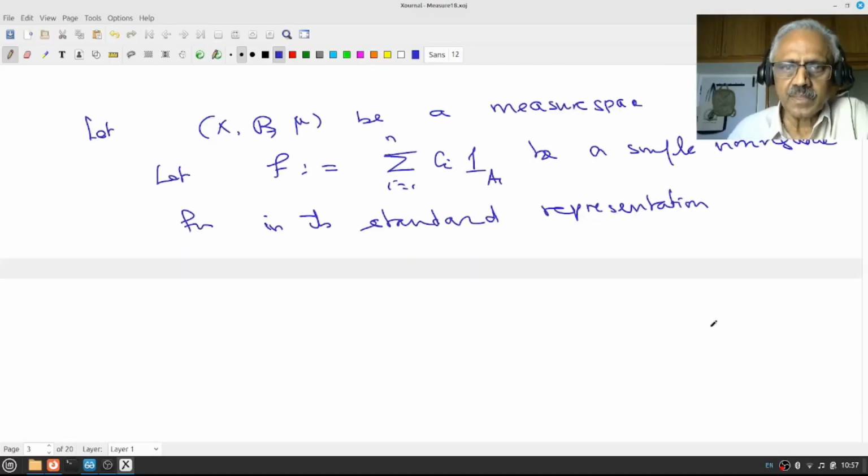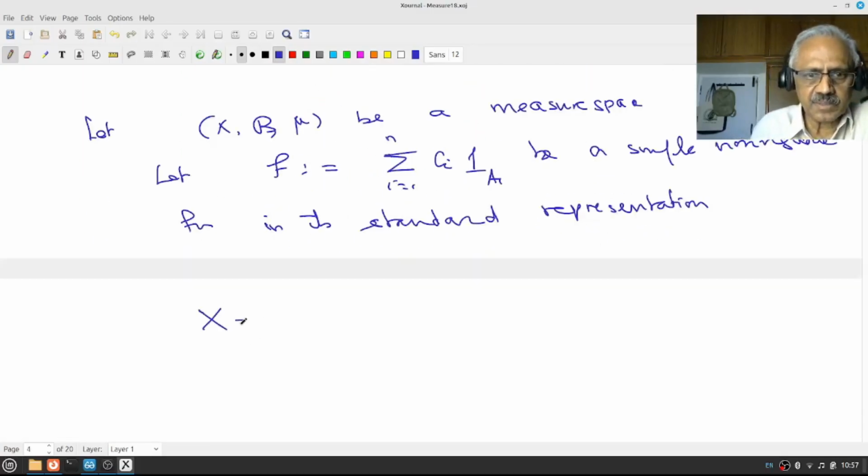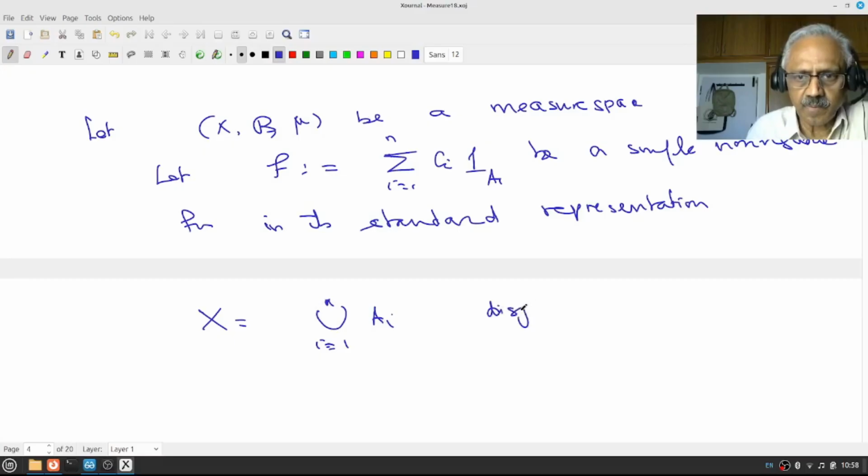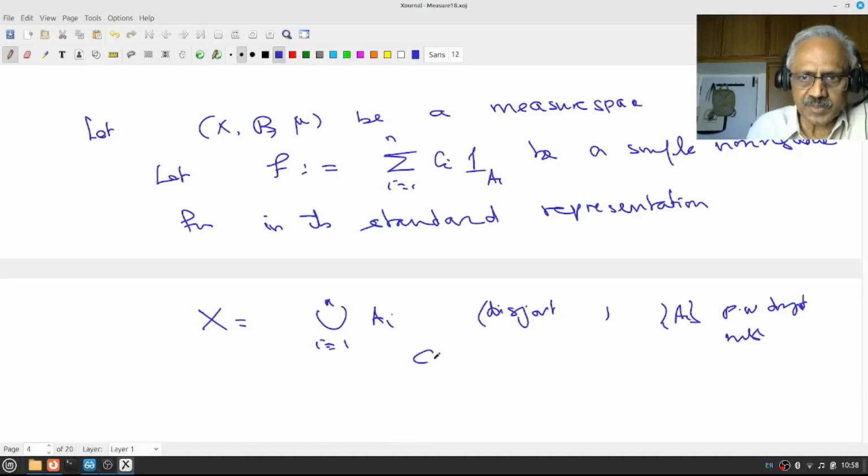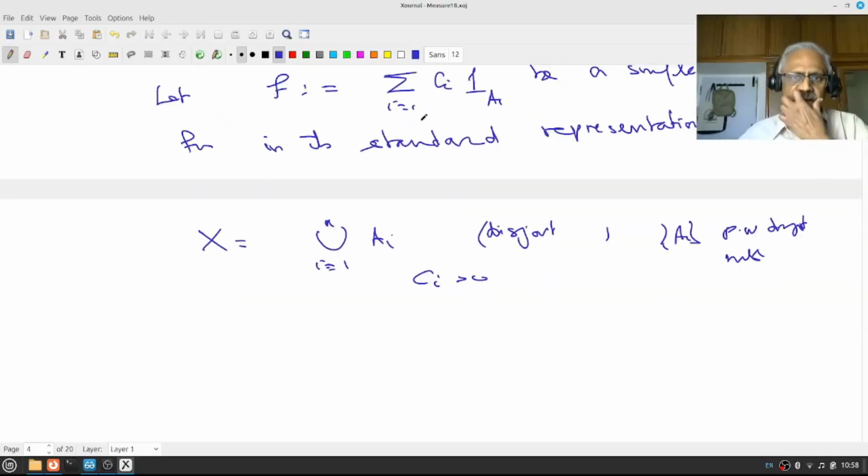So what does that mean? This means my X is a disjoint union of Ai, i equal to 1 to n. That's a partition, right? The Ai's are pairwise disjoint and measurable. And I am assuming Ci's are positive here.